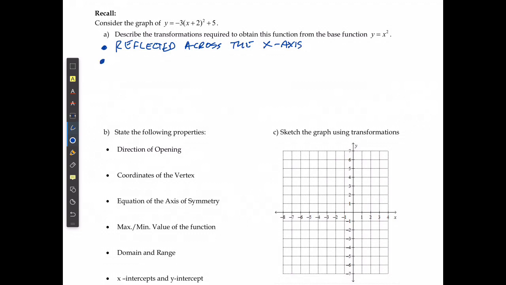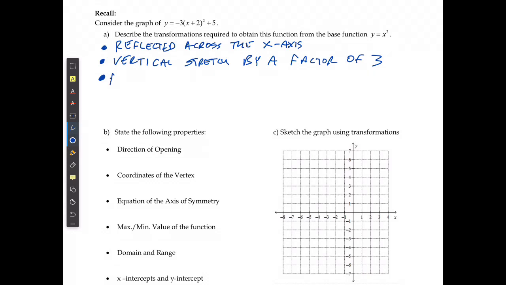The a value isn't 1, so it has a vertical stretch by a factor of 3. The p-value is going to be the opposite of what it says. If it says x plus 2, it's actually going to be -2.